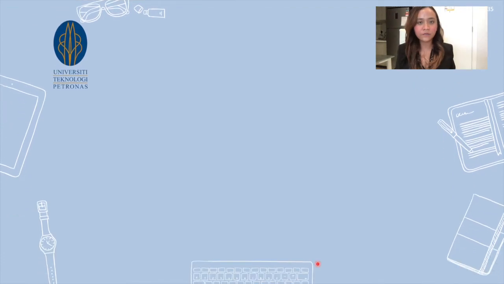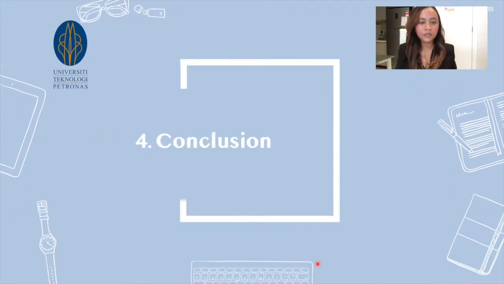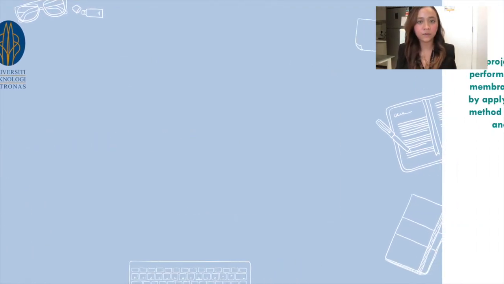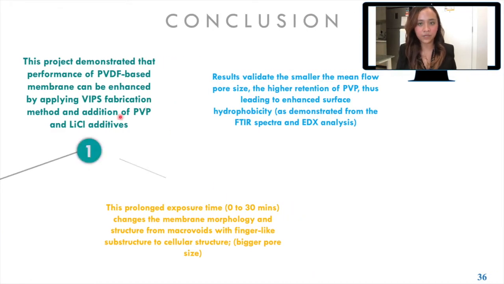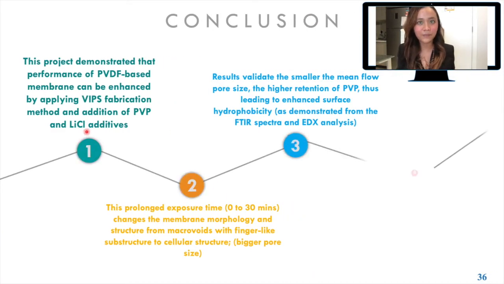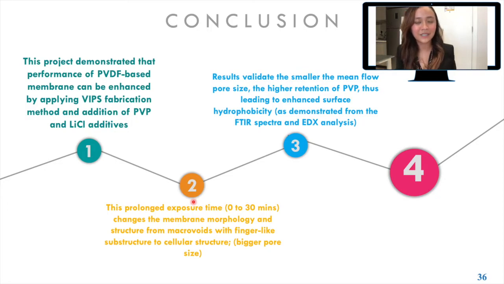Last but not least, for the conclusion, this project has demonstrated that the performance of PVDF-based membrane can be enhanced by applying the VIPS fabrication method and addition of PVP and lithium chloride additives. This prolonged exposure time, from 0 to 30 minutes, changes the membrane morphology and structure from macrovoids with finger-like substructure to cellular structure, which also has bigger pore size.